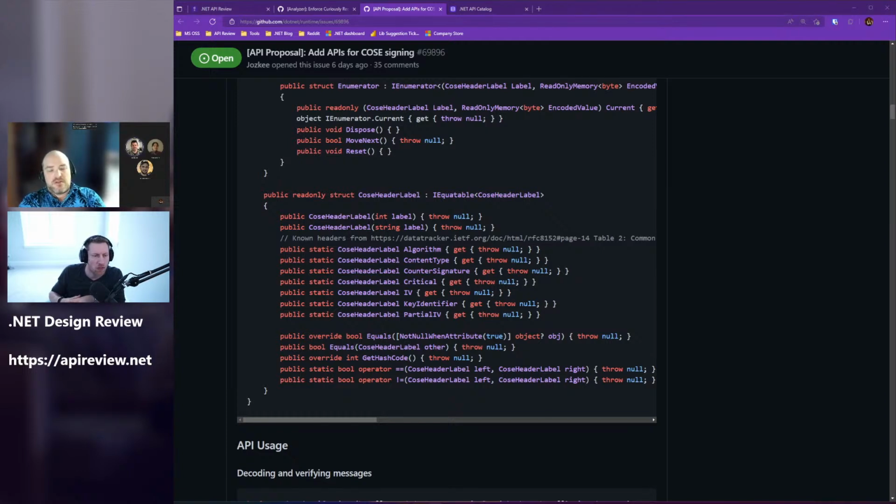Okay. And there's no order, right? Since he's backing it with a dictionary, I assume the order's whatever order the dictionary felt like returning it in. Yeah, I meant more like you only implement IEquatable, not IComparable. So I assume that you can't compare labels in terms of ordering. Oh, yeah.